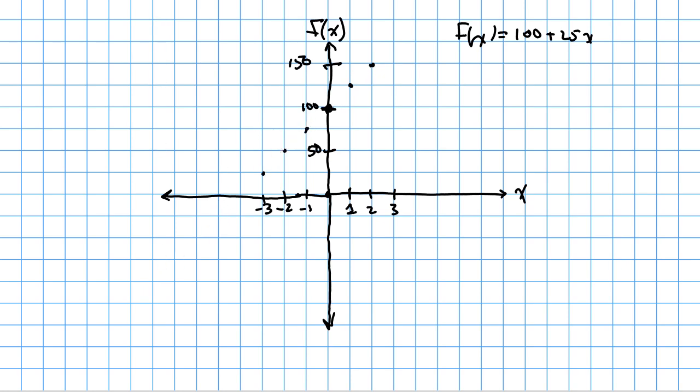Of course, the graph keeps going in every direction. So let's start here and go this way, remembering our rise over our run. Draw an arrow representing that it keeps going. It doesn't stop just because it's past our viewing window. And that's what a graph of this function would look like.